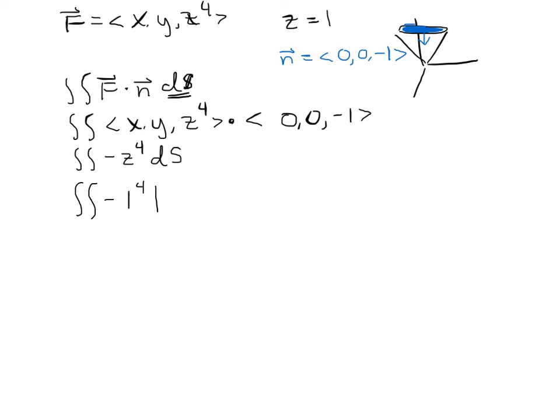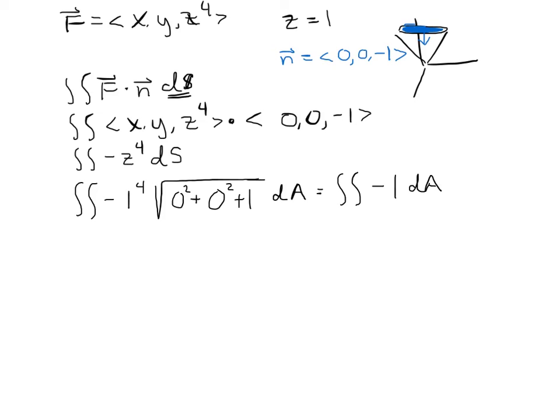Then I have to multiply that by the square root of the partial of z with respect to x. Well, there's no x in there, that's 0, and square that. The partial of z with respect to y, well, that's also 0, there's no y in there, and square that, plus 1, dA. So really what I now have is a double integral of negative 1, because that's a square root of 1, which is 1.